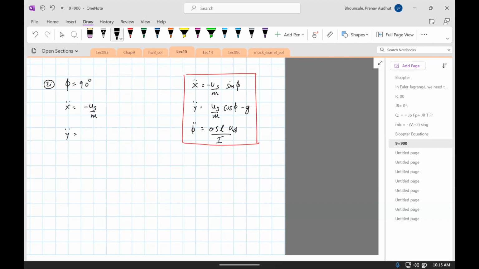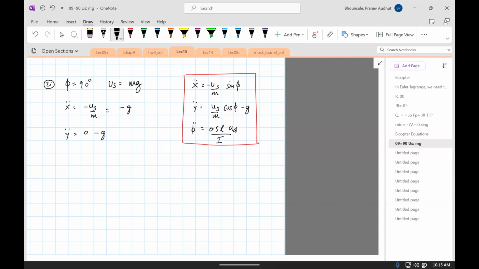Y double dot equals, cosine of 90 is 0, so it's minus g. If you put Us equals mg, that's the hovering condition, you'll see that x double dot will be equal to minus g and y double dot equals minus g.